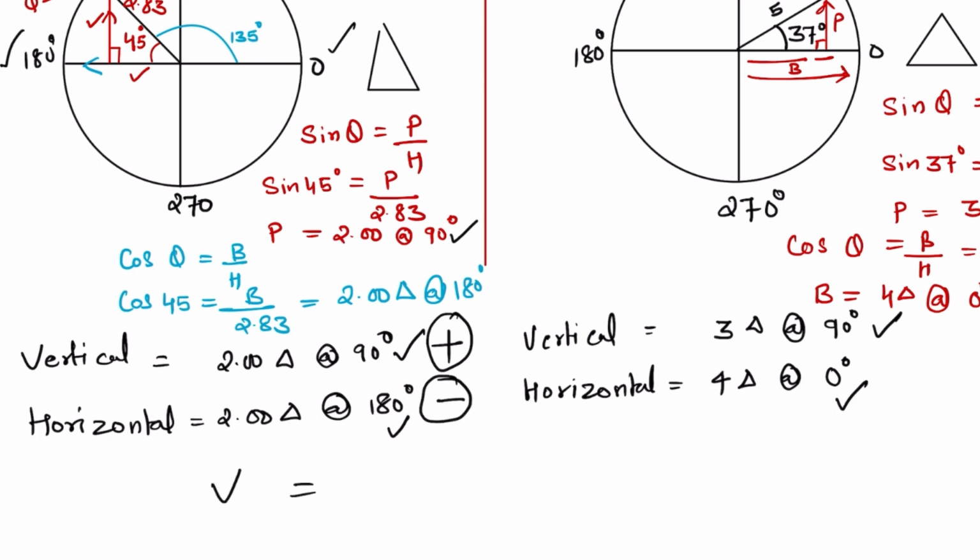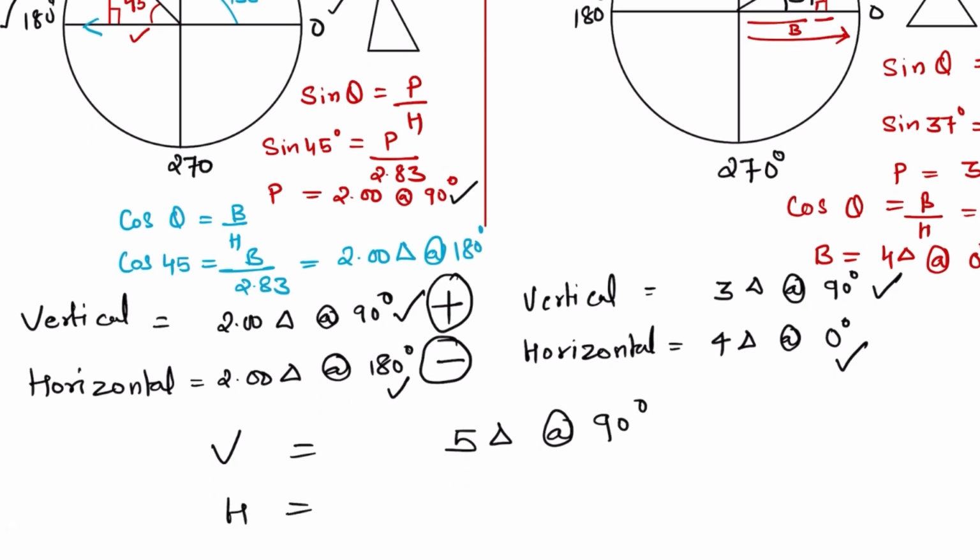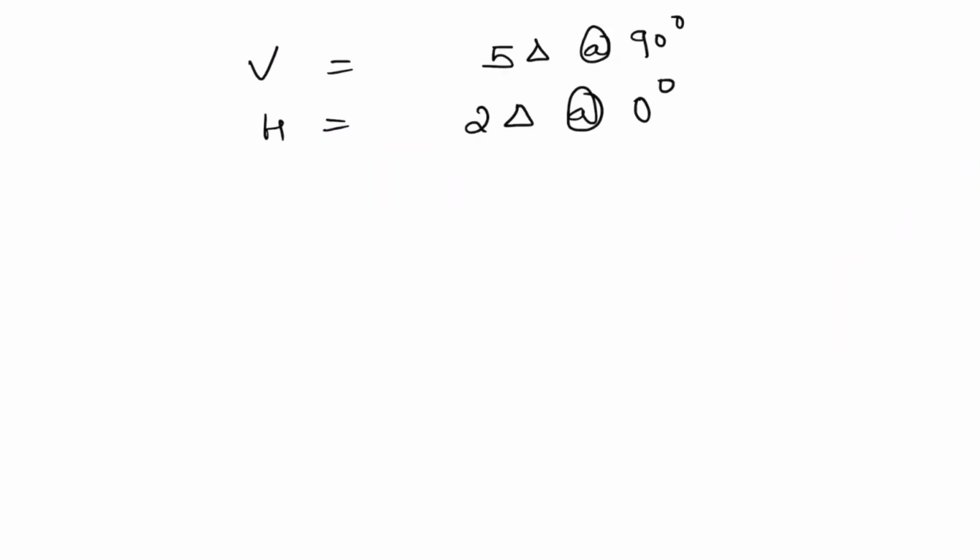Okay, so vertical will be equal to 5 prism diopters towards 90 degree, and horizontal will be equal to 4 minus 2, which will come 2 prism diopter. Here the degree will be written of the bigger prism power. As 4 prism is bigger than 2 prism, the degree will be written of 4 prism diopter, which is 0 degree.